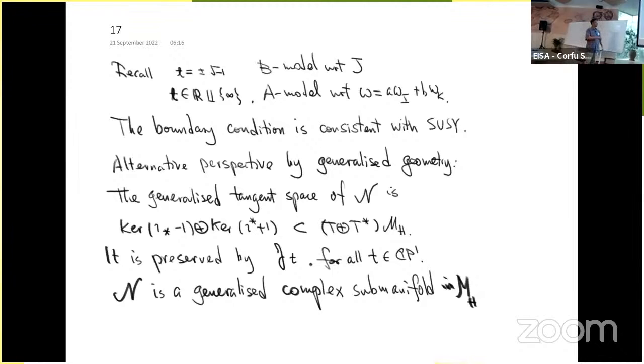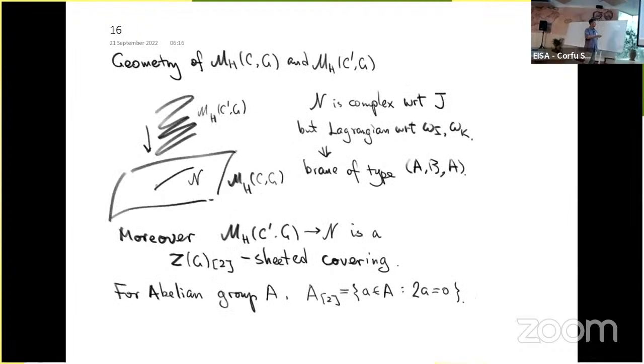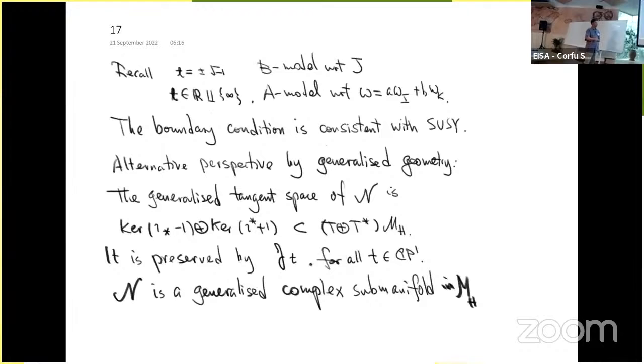So in that sense, this submanifold N is a generalized complex submanifold of the total space, and you can then conclude that if you put this kind of brane as boundary condition, then it is consistent with the existing supersymmetry.